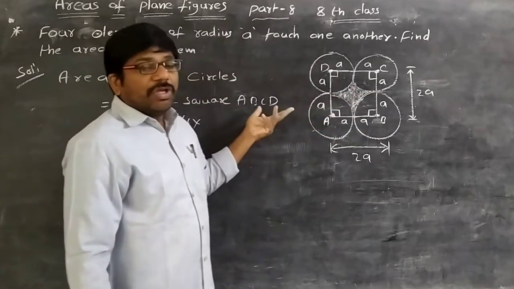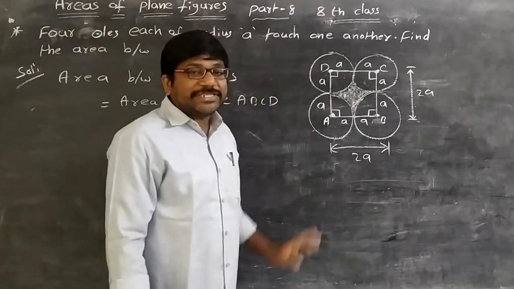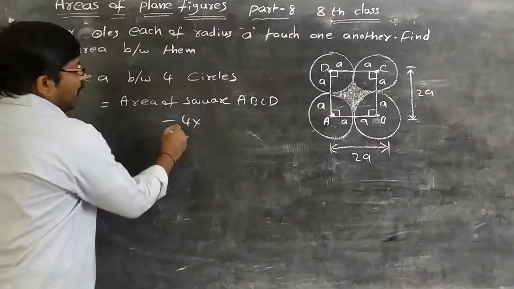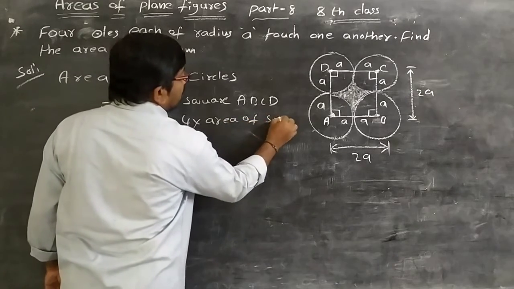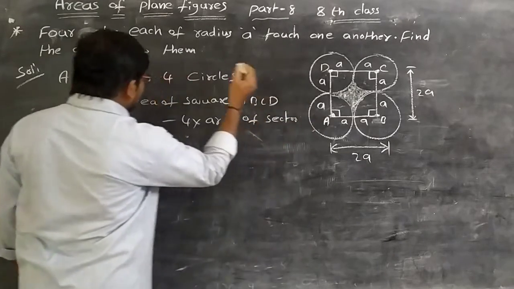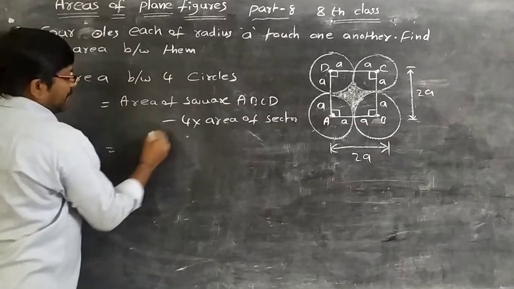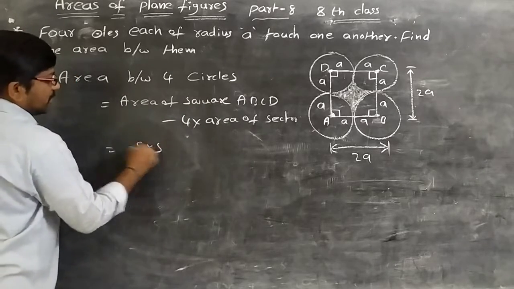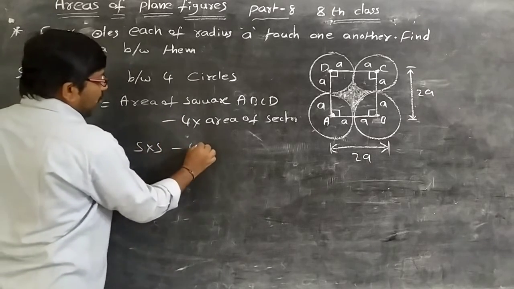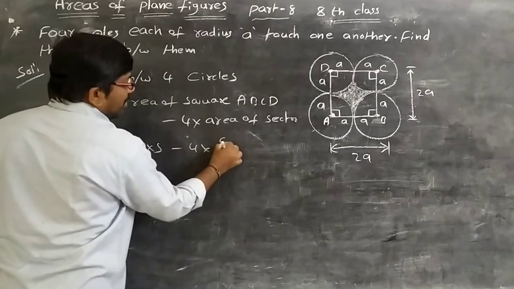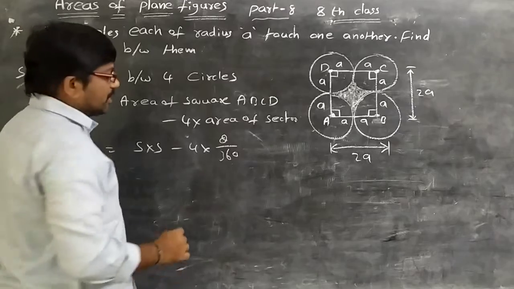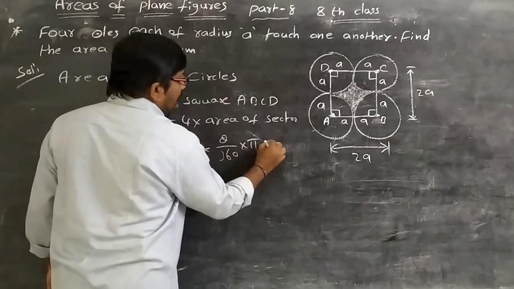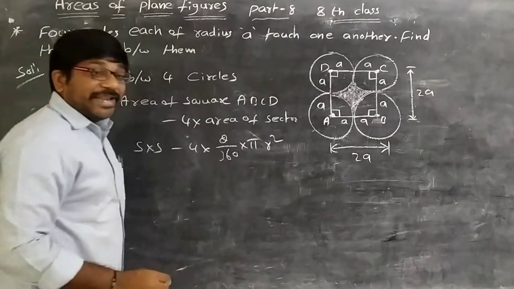The 4 sectors are congruent, so 4 into area of sector. Right? So area of square formula is side into side, minus 4 into area of sector, theta by 360 into pi r square, where theta is the angle of sector and r is the radius of sector.